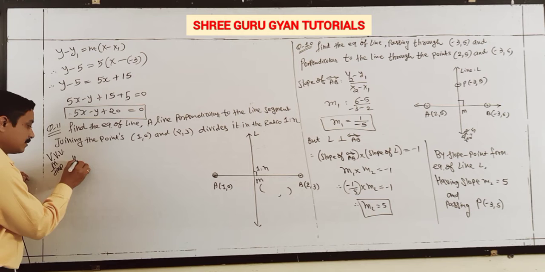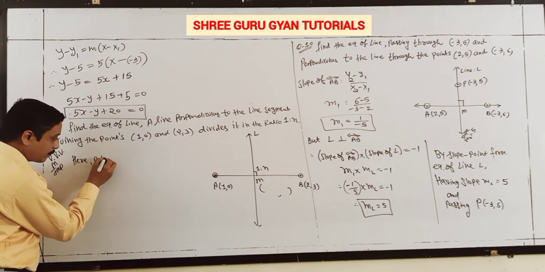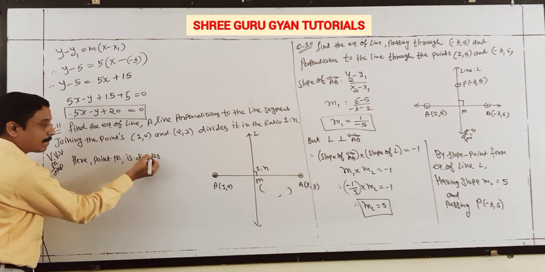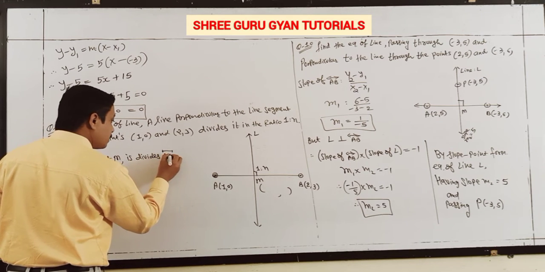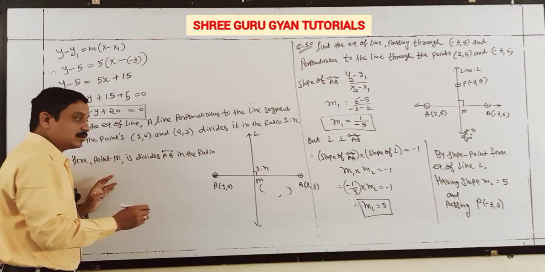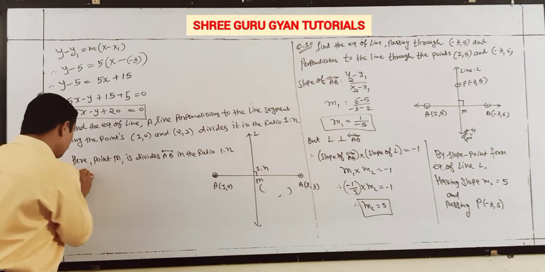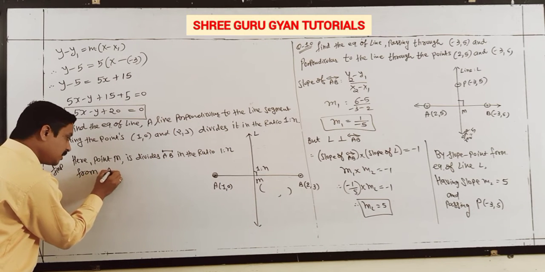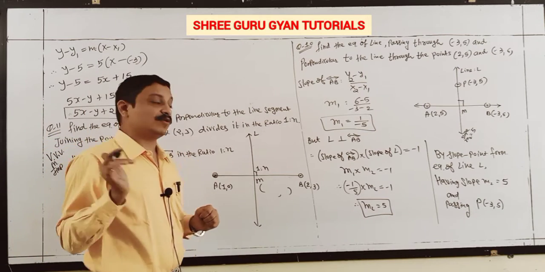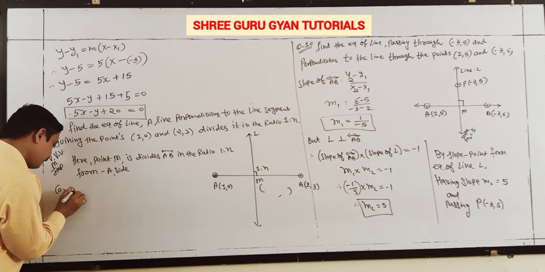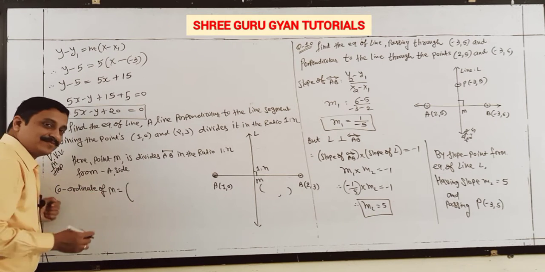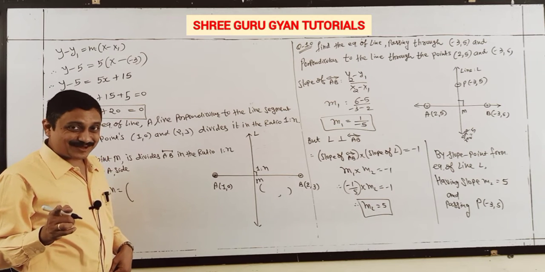Here point M divides AB in the ratio 1:n from the A side. So students, simply apply the ratio formula: coordinates of M are (m x2 plus n x1) by (m plus n).